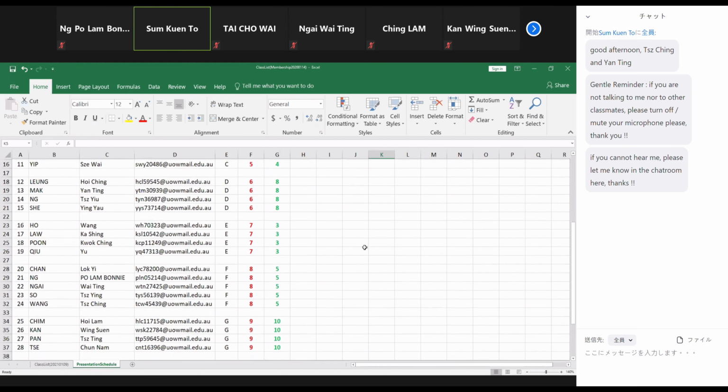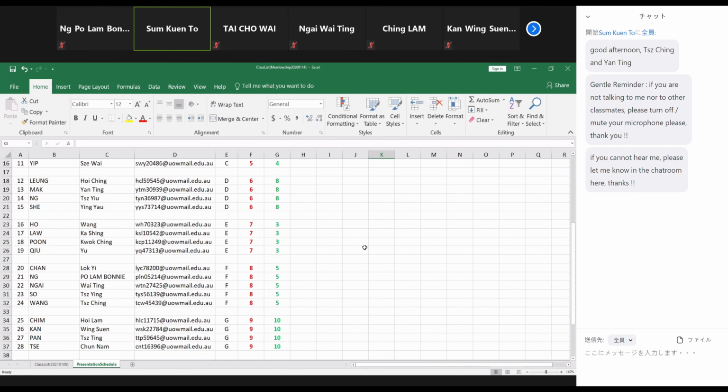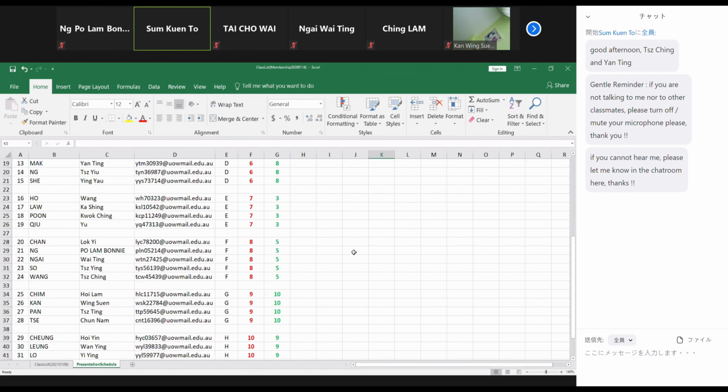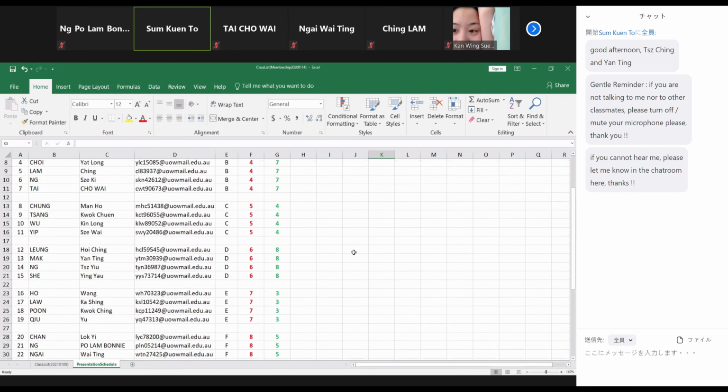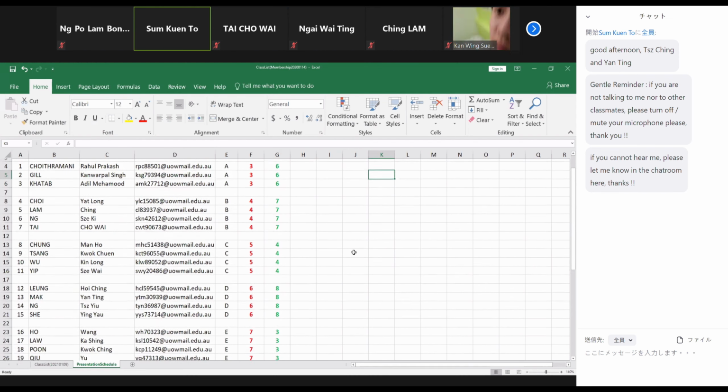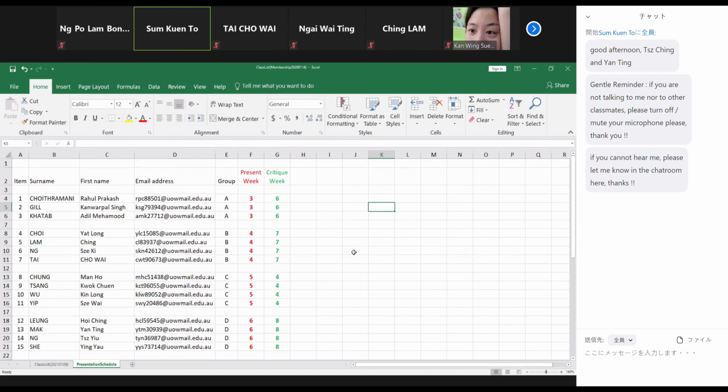Because we have 31 students, even though the norm is 4, Group F has 5 persons, presenting in week 8 and critique in week 5. Then Group G, 9 and 10, and then 8, 10 and 9, right? Please confirm whether they are in proper order.